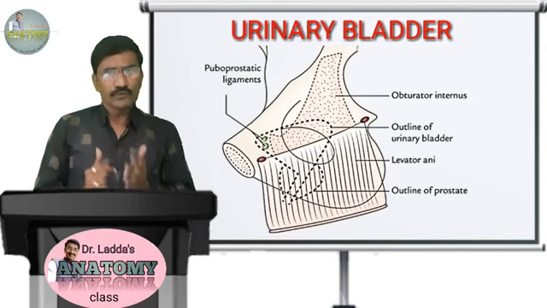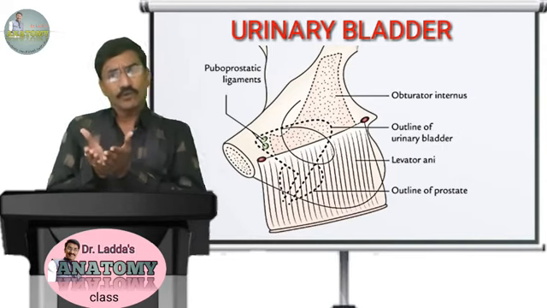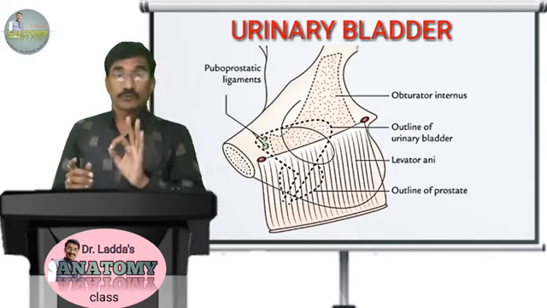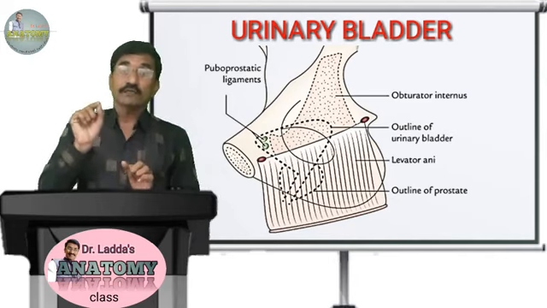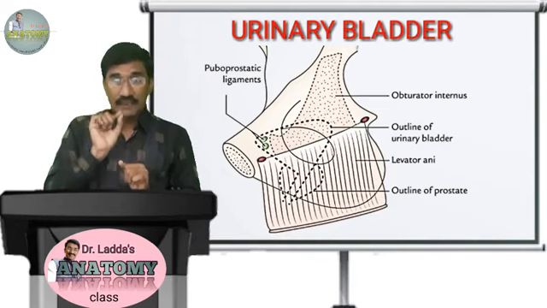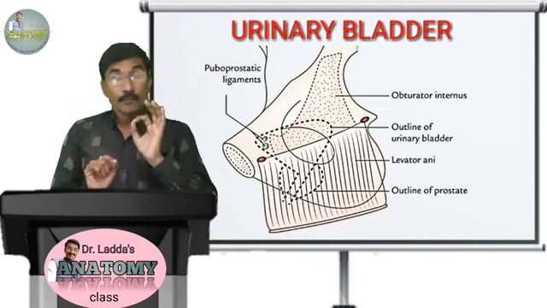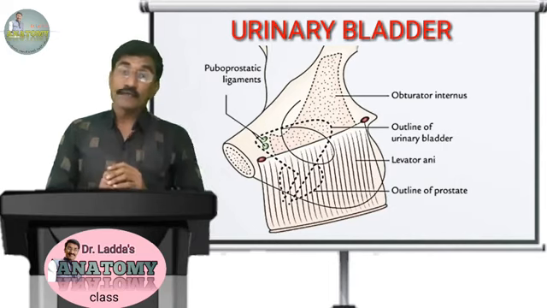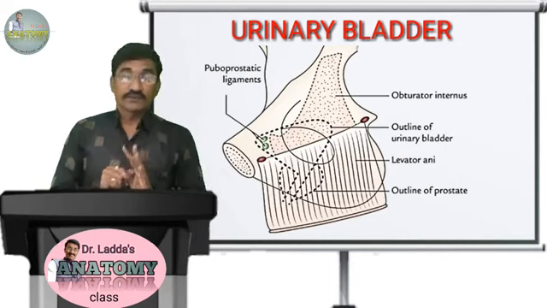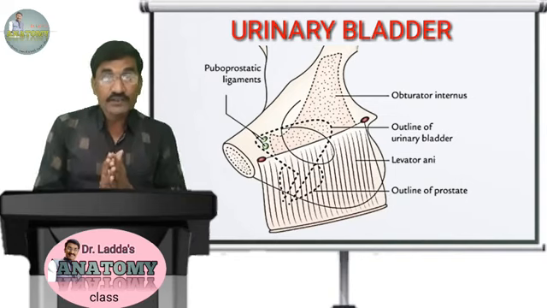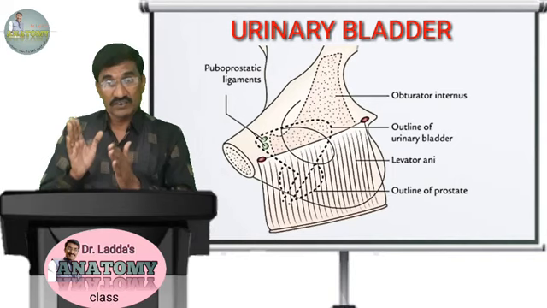Now if I am going to write about the inferolateral surfaces of male and female, I am supposed to write that the inferolateral surface of the male bladder is related with the pubis, second the puboprostatic ligament, and two muscles, one is levator ani and second is obturator internus muscle.